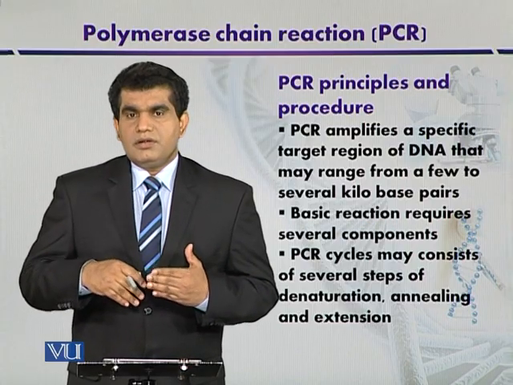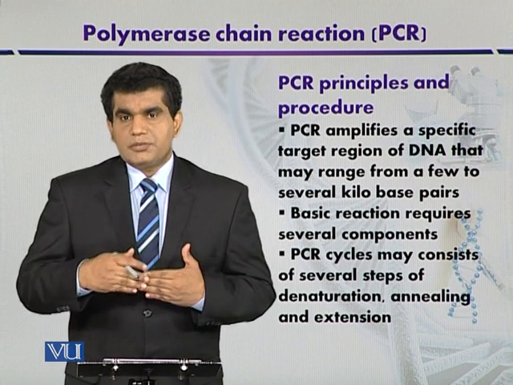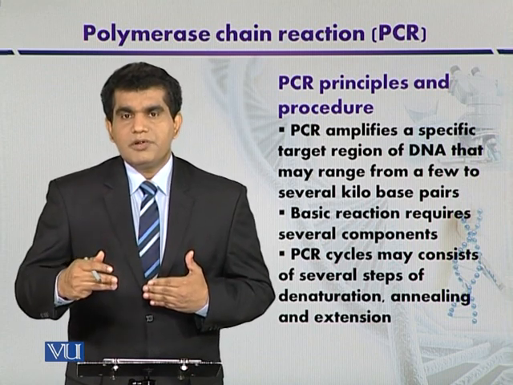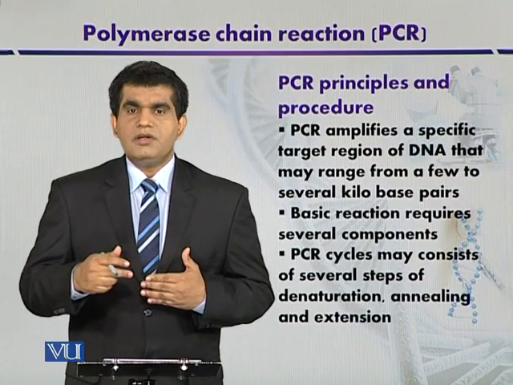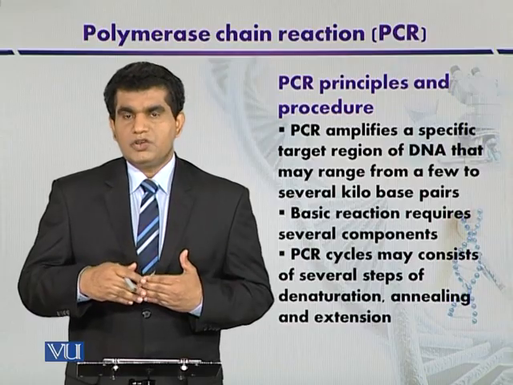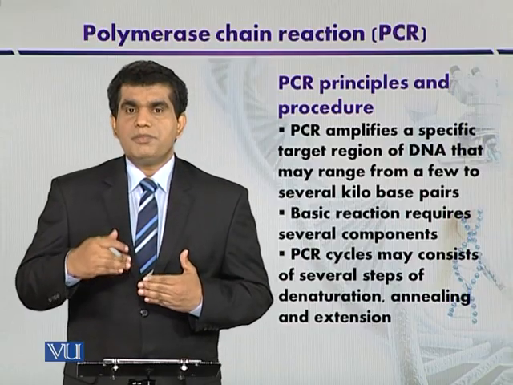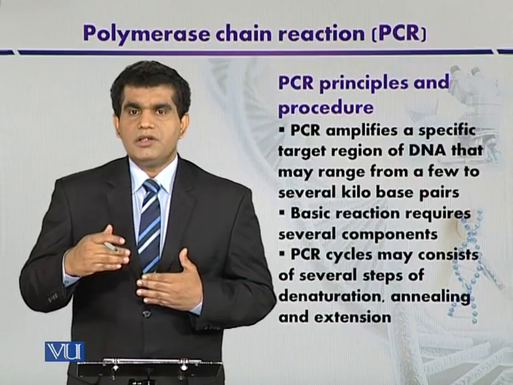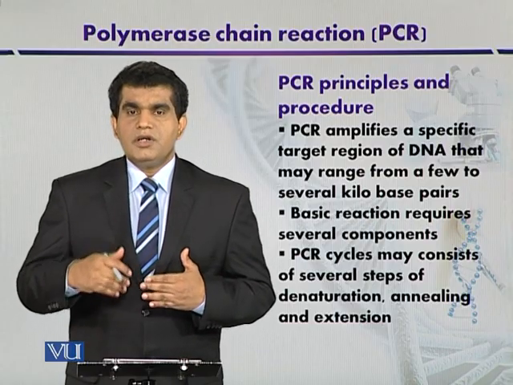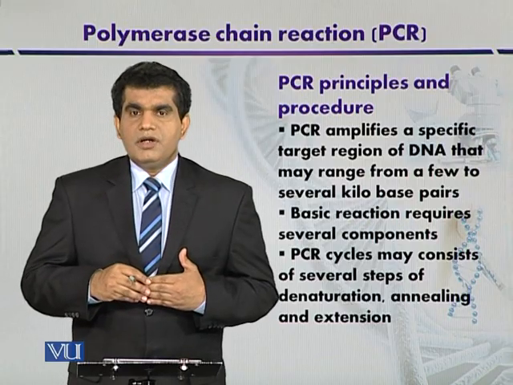These three steps, denaturation, annealing of the primer, and extension, are repeated many times. So DNA is subjected to repeated cycles of denaturation, annealing, and extension. At the end of the cycles, we may have a huge quantity of DNA.